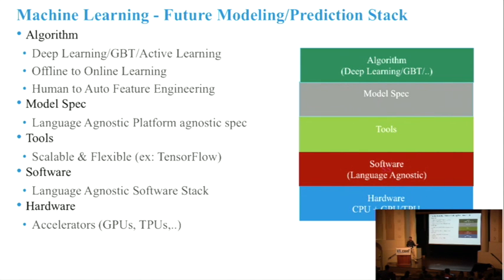PMML is one standard, but it's not an open standard. There are other standards, but there are so many. I am a firm believer in open source. There are a lot of developments in the open source community, but there is no open standard. This is still work for the machine learning community to come up with an open standard.